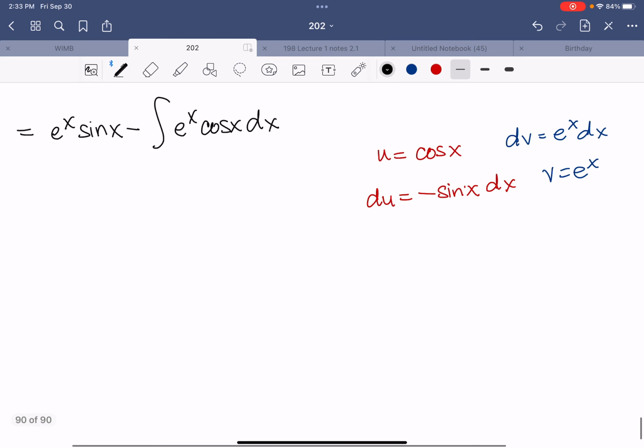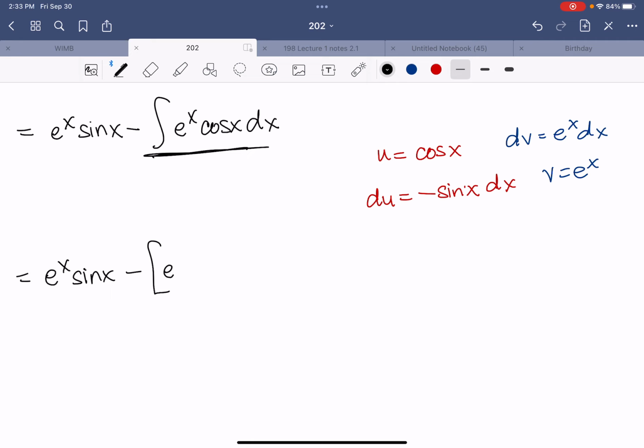So from above, I have e to the x sine x minus big bracket, because lots of stuff comes in. Now, for this integral right here, I'm using integration by parts using the stuff to the right. Along the diagonal, I have e to the x cosine x minus the integral of negative e to the x sine x dx.